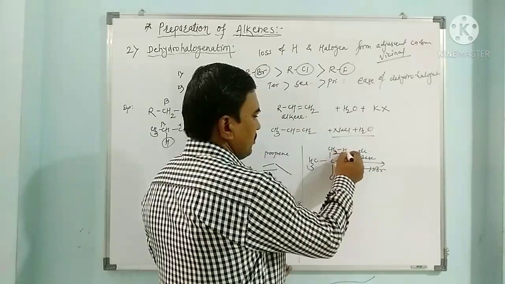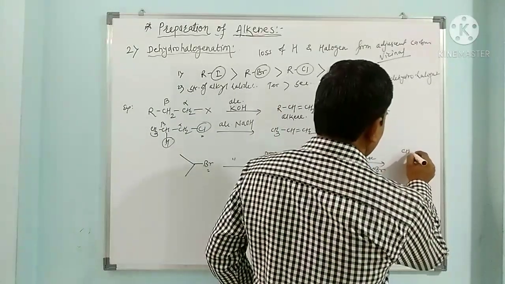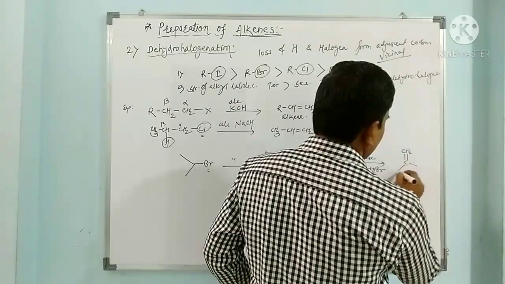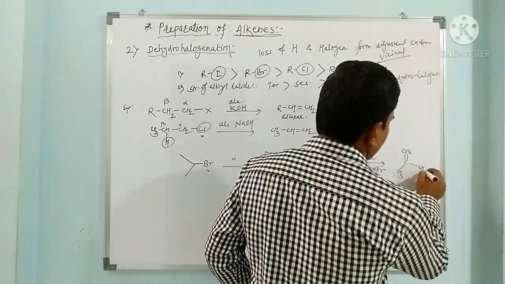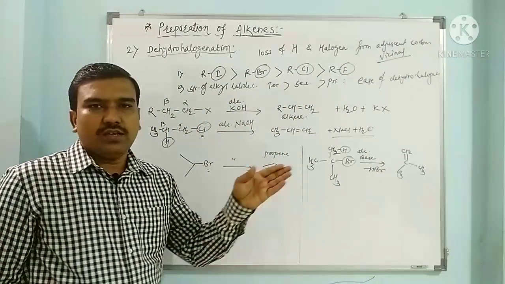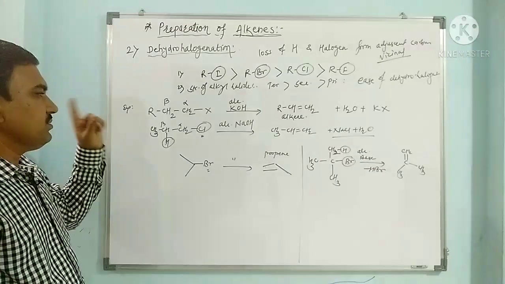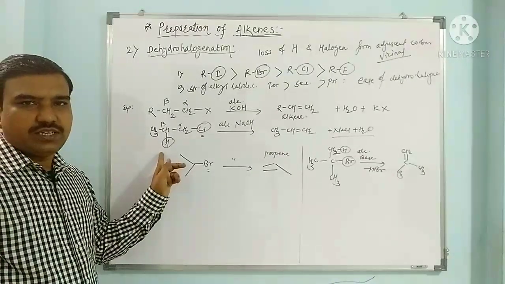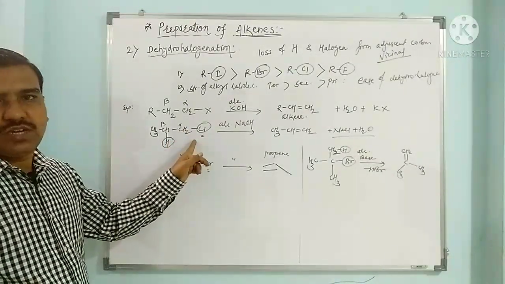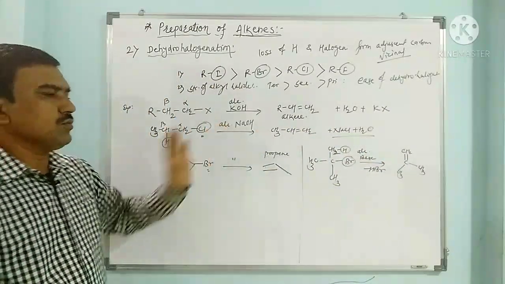So this hydrogen can be lost from this and bromine from this. We get CH2 double bond C, CH3, CH3. So this is 2-methyl propene as a product. So in this way, this is dehydrohalogenation reaction in which hydrogen is lost from beta carbon and halogen is lost from alpha carbon, giving alkene as a product in presence of alcoholic base.